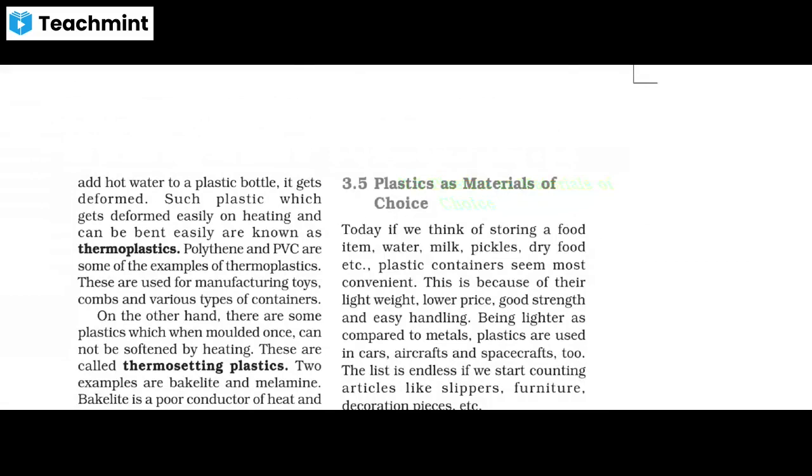Those plastics we say are thermoplastics: the plastics which get deformed easily on heating are called thermoplastic.